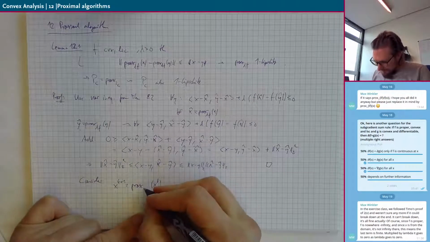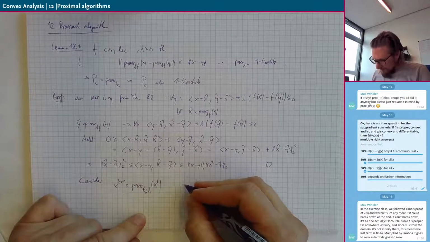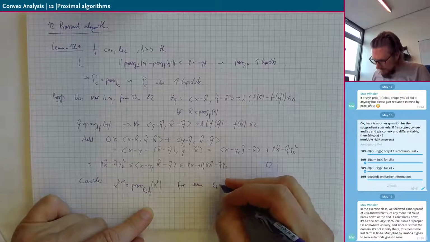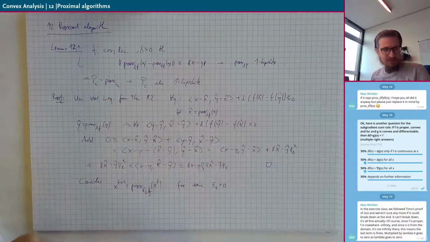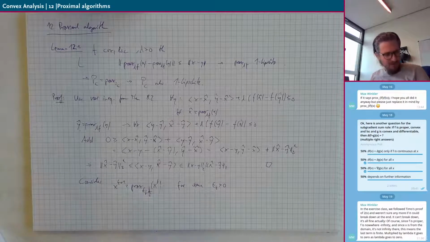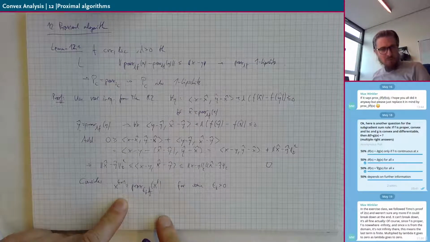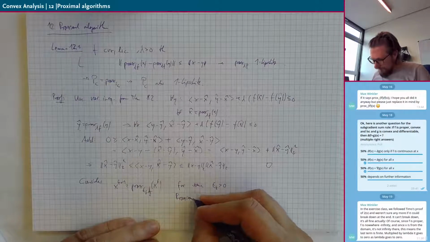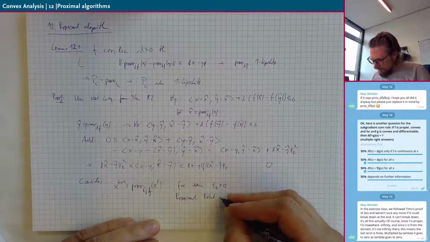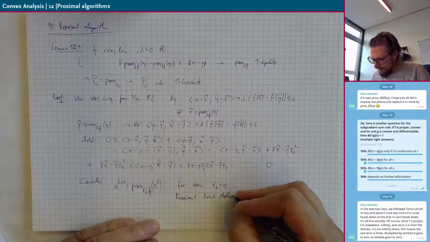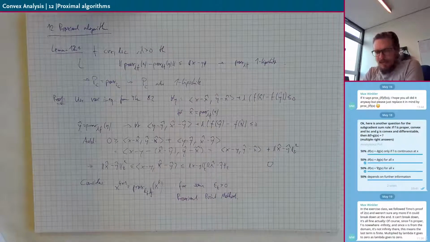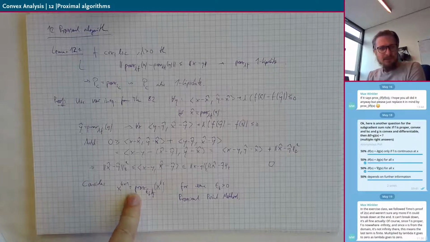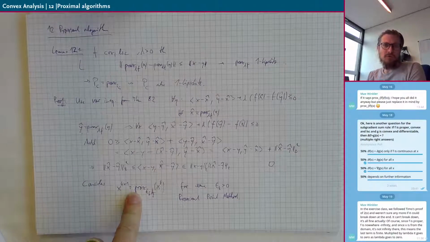I wanted to call the step size tk f for some tk non-negative. So this is the so-called proximal point method. What we want to show is that the iterates of this actually do converge towards a minimum of f.